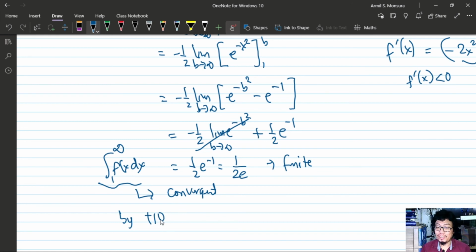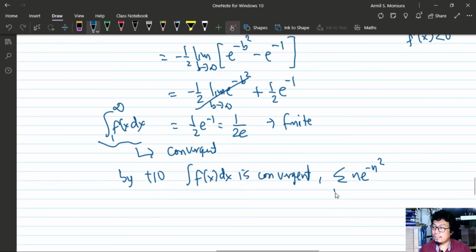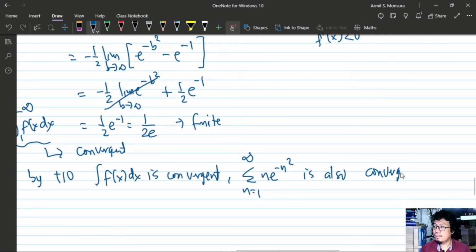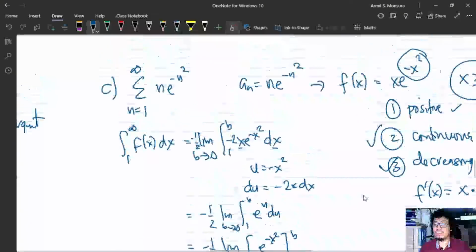So by theorem 10, since your integral is convergent, that will also mean that your series n e raised to negative n squared for n equals 1 up to infinity is also convergent. So that is for letter C.